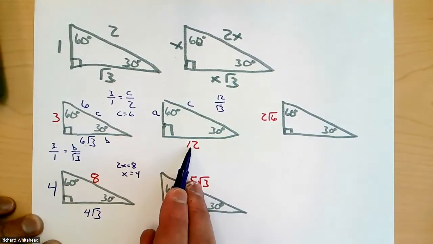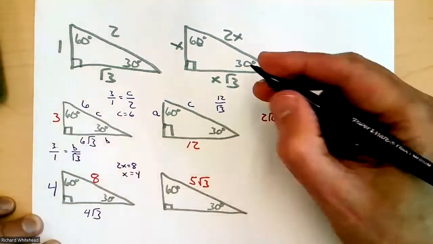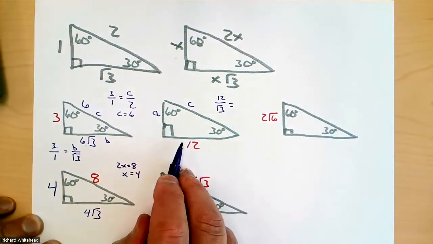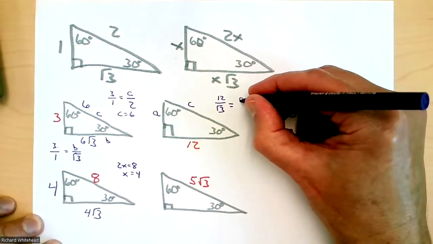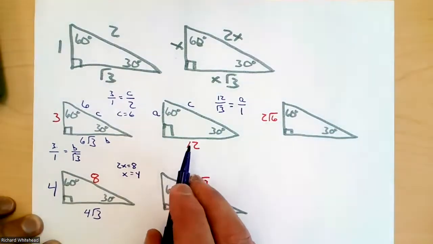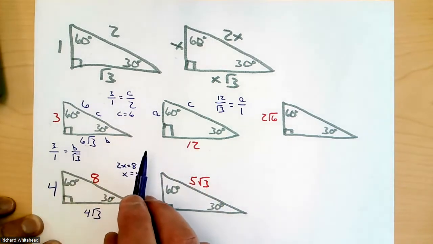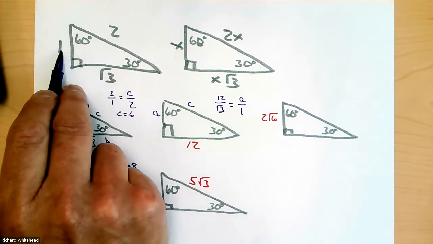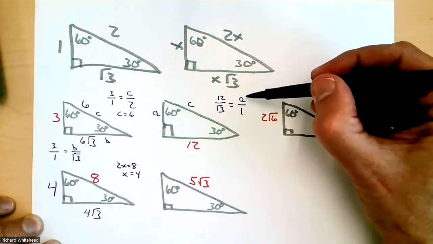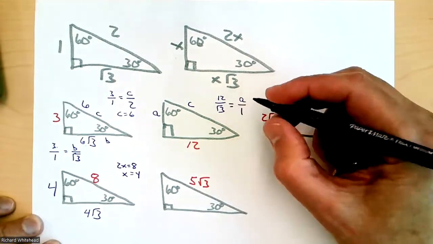You can match up the long leg over the long leg is equal to the short leg over 1. So A over 1, long leg over long leg, short leg over 1. And then you're thinking, well, this isn't very nice. 12 over root 3.